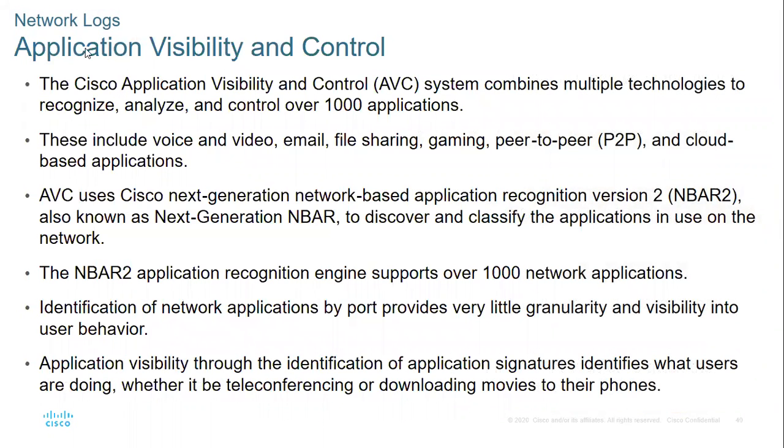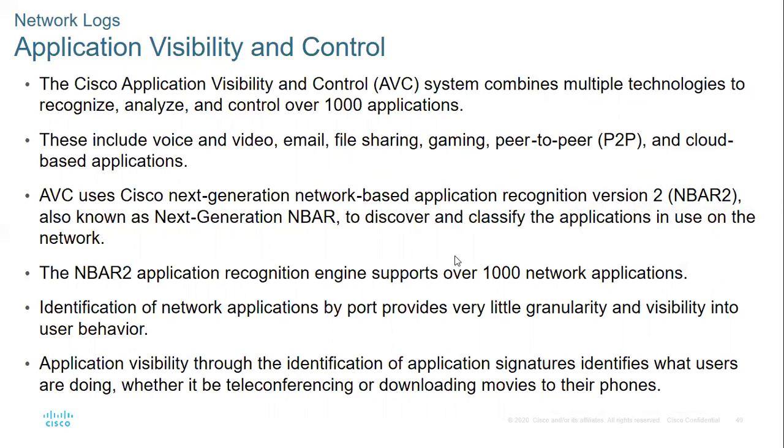Application visibility and control. This is very, very important now, to know which applications are running in your organization, and application visibility and control is capable of doing that. The other application which is able to do that is NBAR.